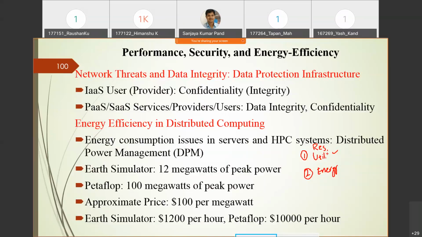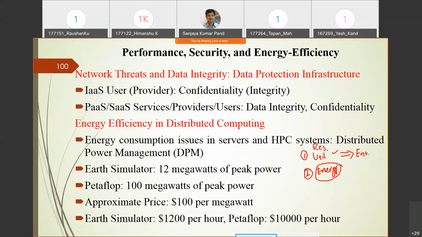So if carbon dioxide or heat increases, what will happen? It will directly impact our environment. Today we are talking about the green environment. Everywhere we are using this word, green environment or smart environment, right? In the smart environment, energy should be a primary factor. You do whatever you want to do, but our environment should not be spoiled.